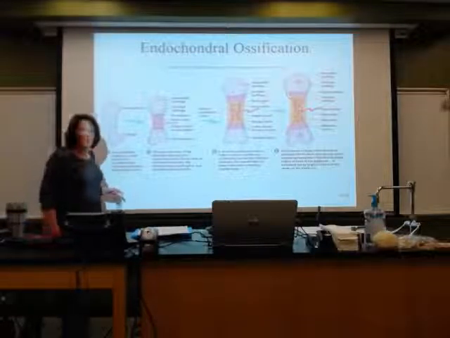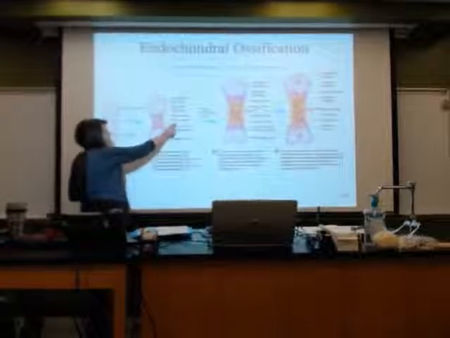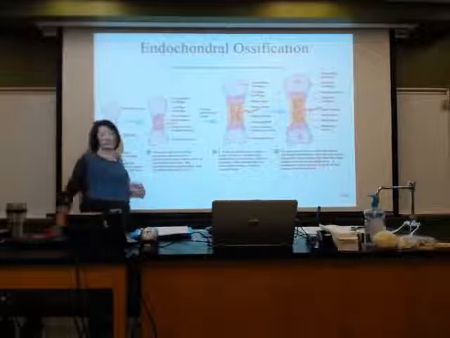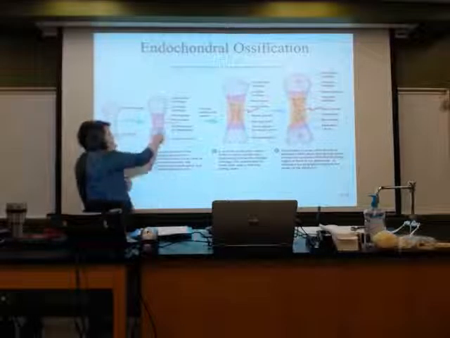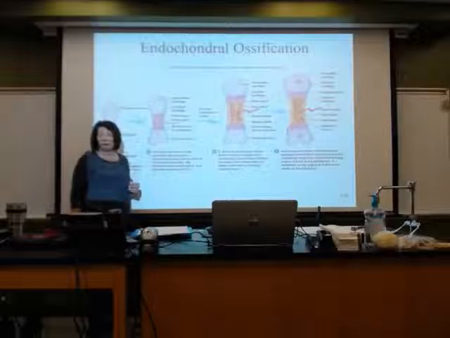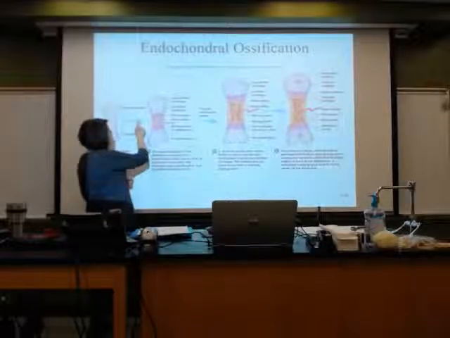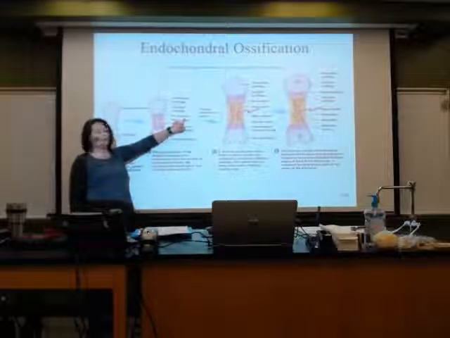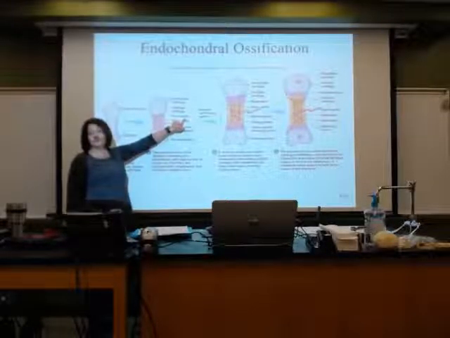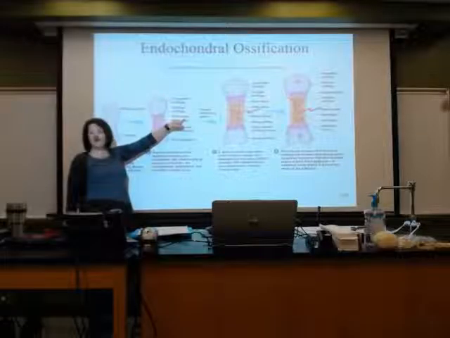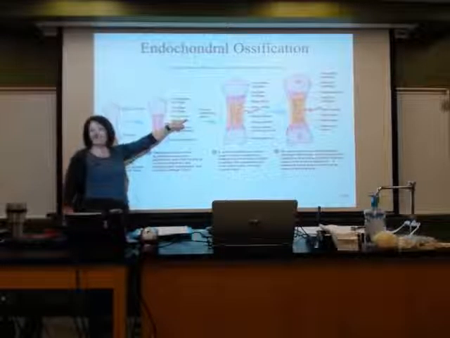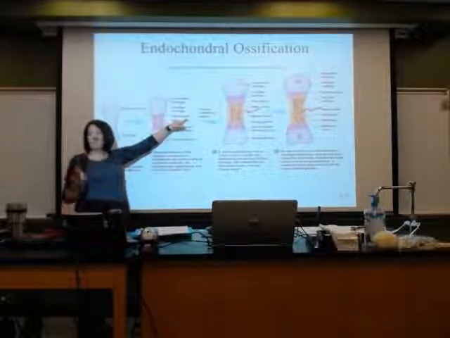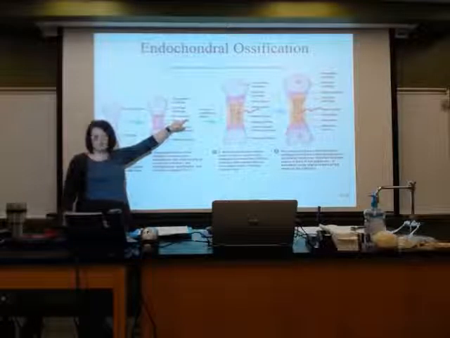So that means at this area where the blood vessel invades, it's going to take stem cells that are present, and we're now turning what was perichondrium into what? Periosteum, which is the connective tissue around the bone.